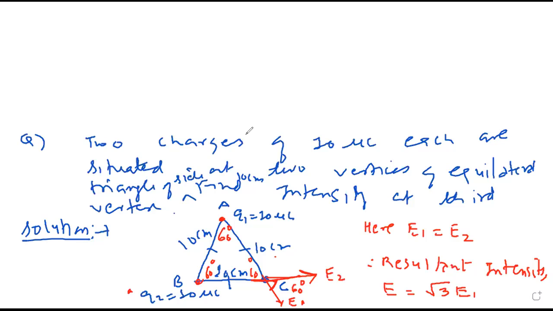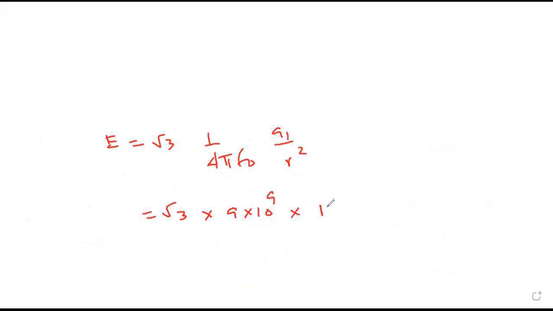Okay. So the resultant intensity is root 3 times E1. That means E equals root 3 times 1 upon 4 pi epsilon naught, Q1 upon R square. 1 upon 4 pi epsilon naught is 9 into 10 raised to 9. Charge is 10 microcoulomb, so 10 raised to minus 6. What is the distance given? 10 centimeter, so it is 10 raised to minus 1 meter.